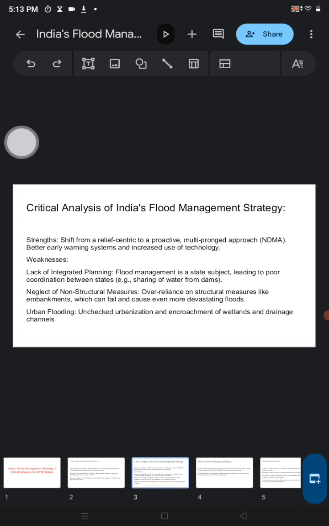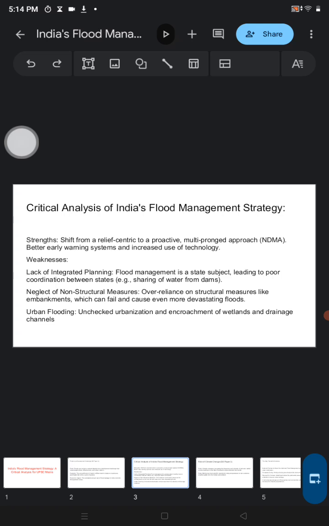Now let us look at India's flood management strategy. What are the strengths? Recently we can see a shift from a relief-centric to a proactive, multi-pronged approach. That includes the initiatives of the NDMA, the National Disaster Management Authority, and better early warning systems.